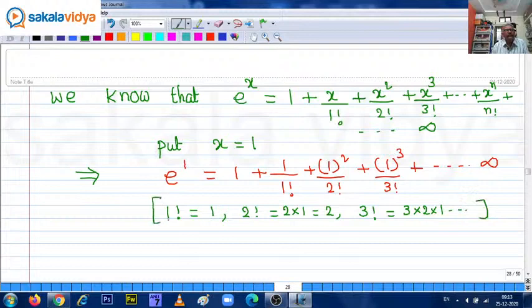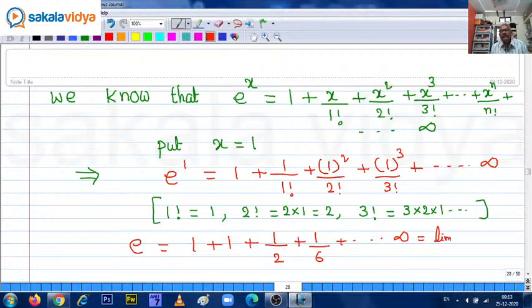So now we can write the value of e: 1 plus 1 factorial is 1 upon 1, 1, plus 1 upon 2, plus 1 upon 3 factorial which is 6, and so on to infinity. This is equal to the limit as n tends to infinity of 1 plus 1 upon n all to the power of n, which is also equal to e.